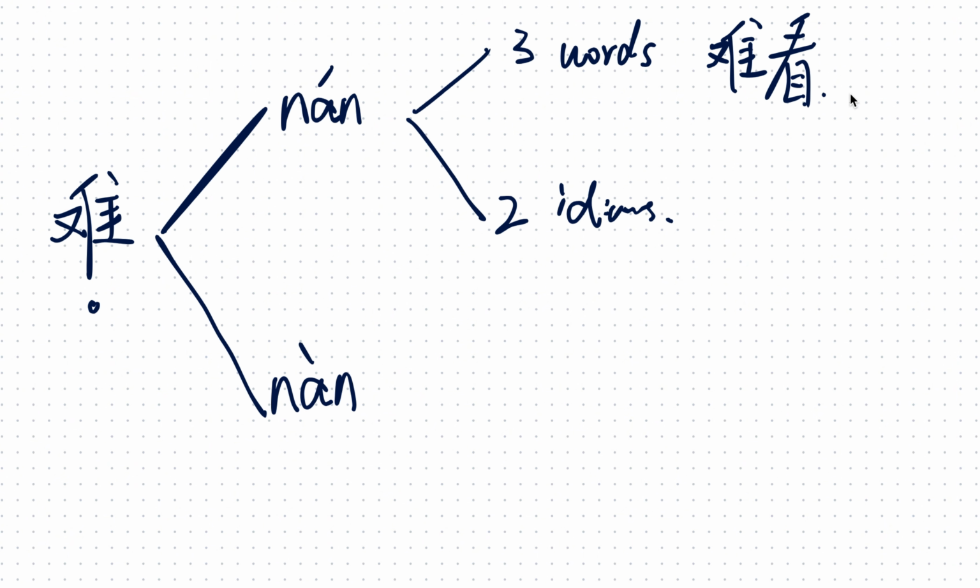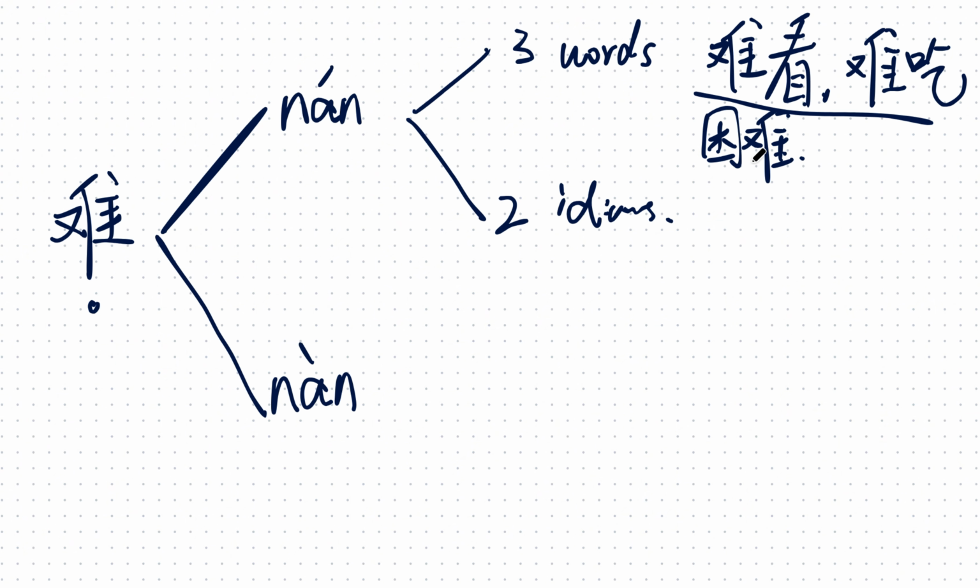It means not good looking. 难吃 means tastes awful. 困难 means obstacles or difficulties. That's all the 3 you can remember. And if you want to expand more, you can. In my other video, I mentioned how you can expand these words into 3 times the vocabulary, like finding synonyms and antonyms. You can find a lot.